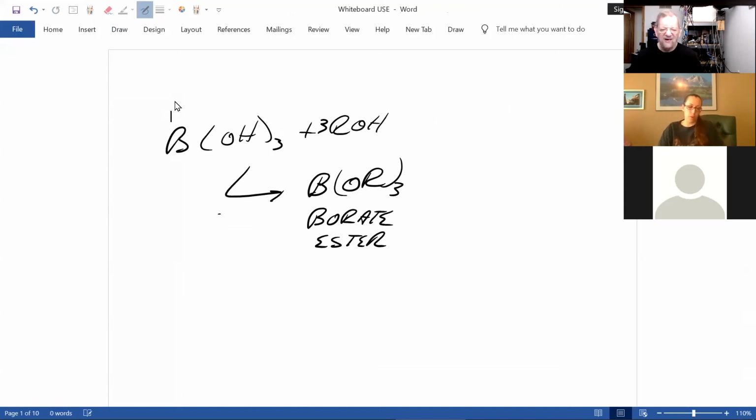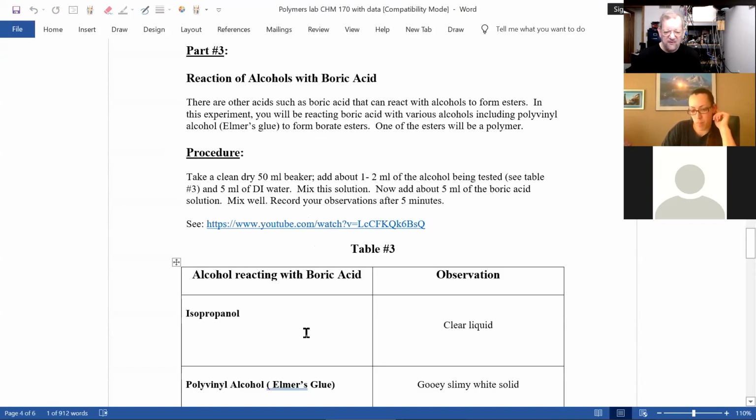It's like a carboxylate ester, but it's a little different. So what's the effect of R on here? Now, one R group you're going to use is, I forgot which alcohol I have you use. Let's take a look. It's isopropyl alcohol.